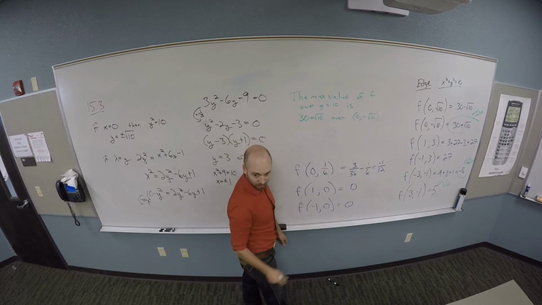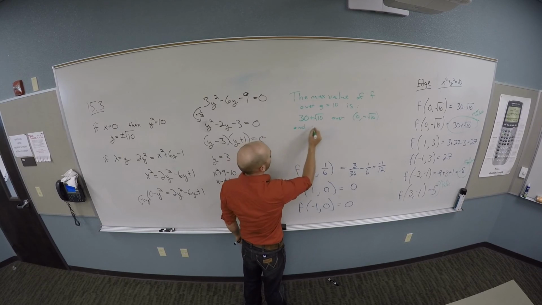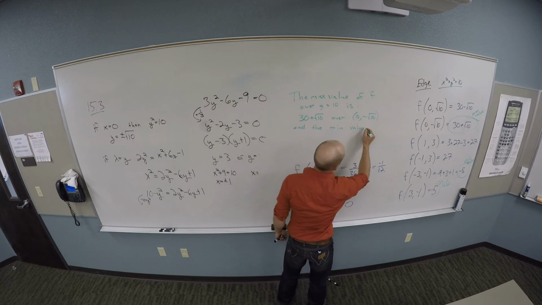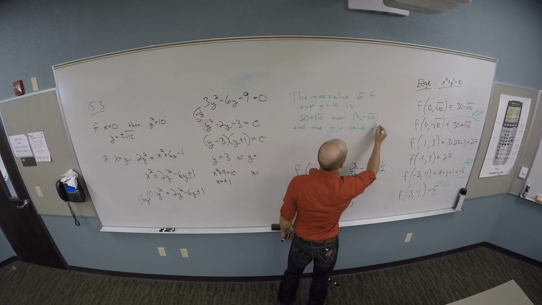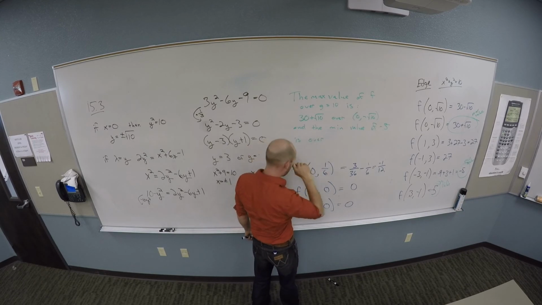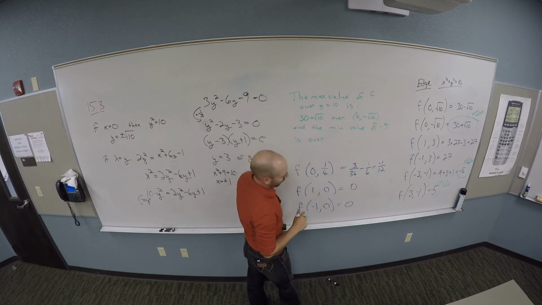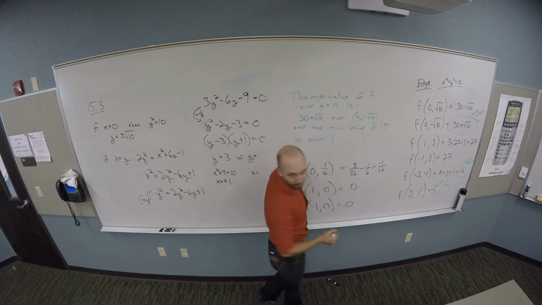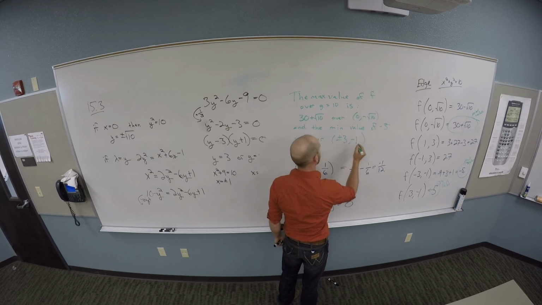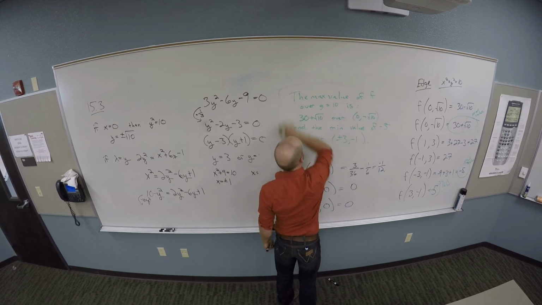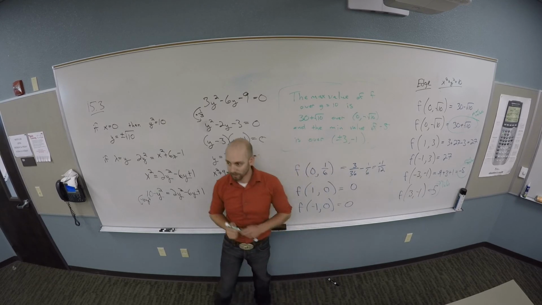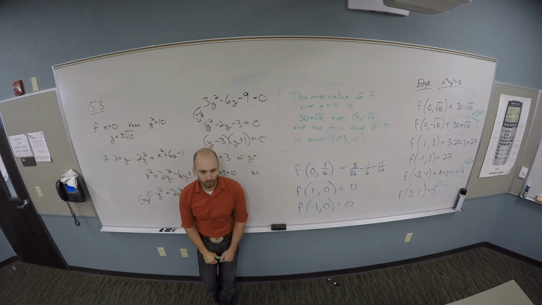And similarly, the min value of negative 5 occurs at the points plus or minus 3, negative 1. Very good. Done. Doesn't need an extra colon in there. Cool? Cool. Yep. Check.